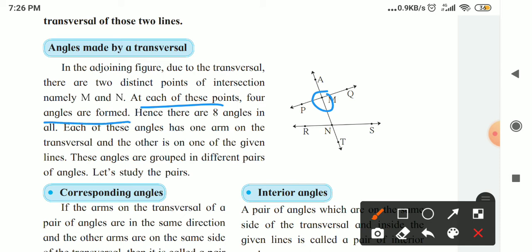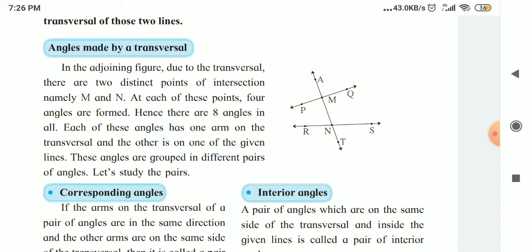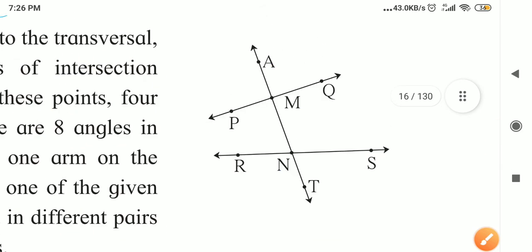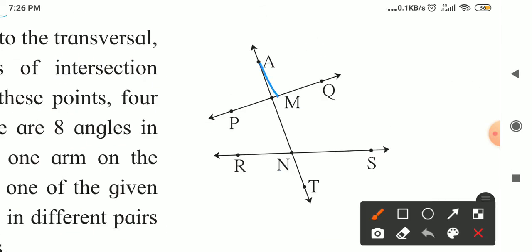then 4 angles are formed, and which are those 4 angles? Angle AMP, angle AMQ, angle QMN, and angle NMP.